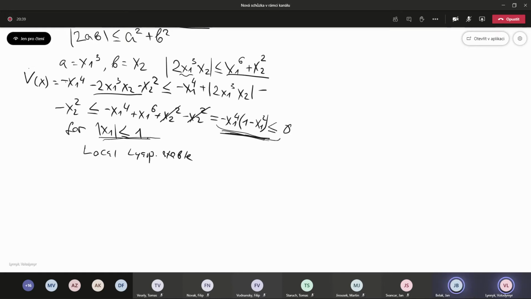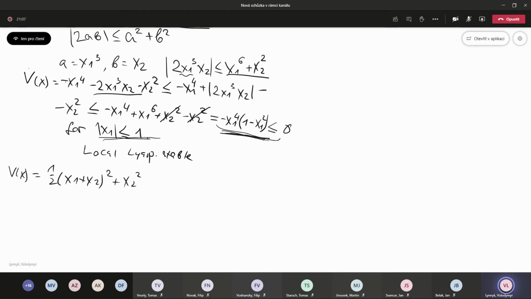Let's try another Lyapunov function, the same equation, but another Lyapunov function: V(x) equals 1/2 (x1 plus x2) squared plus x2 squared.